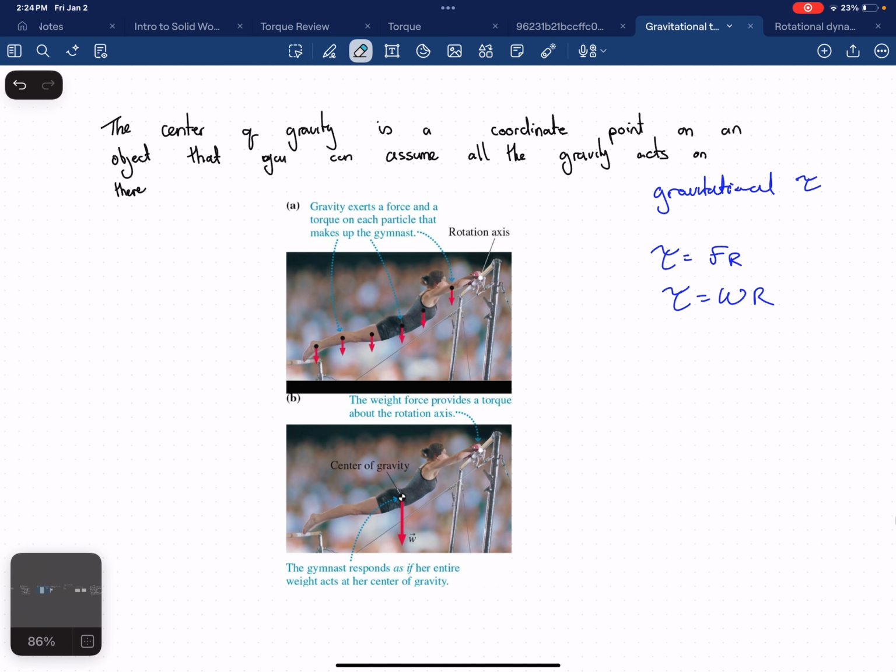Our r doesn't have to be the r from each point on the person's body. Instead, we can use the center of gravity to calculate her gravitational torque.